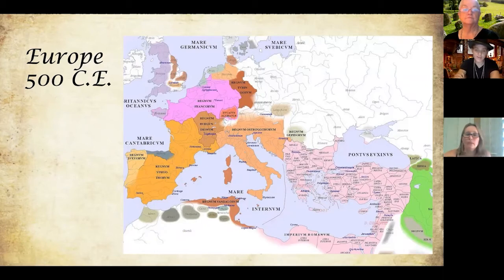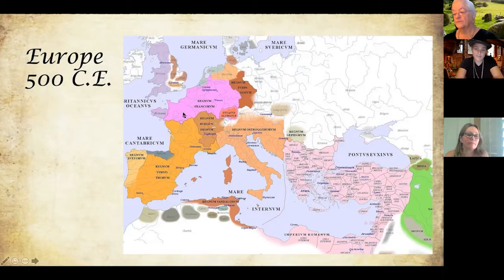In the west, the ancient Eternal City has fallen to the Ostrogoths and various other Germanic and essentially non-Latin speaking groups, collectively what we would call in period barbarians, which to the Romans was anyone who did not speak either Latin or Greek. But in this period, they have conquered those who do and have now spread out.